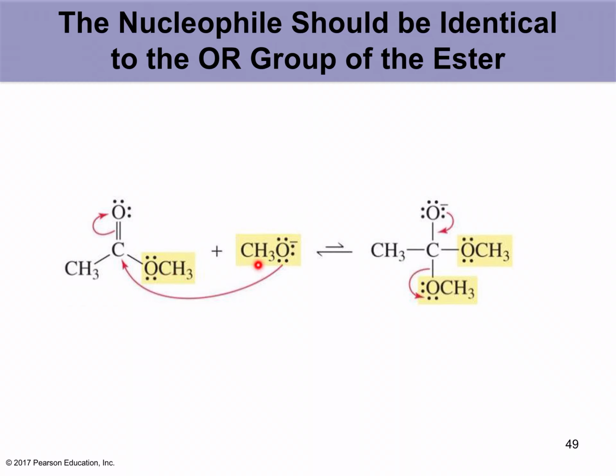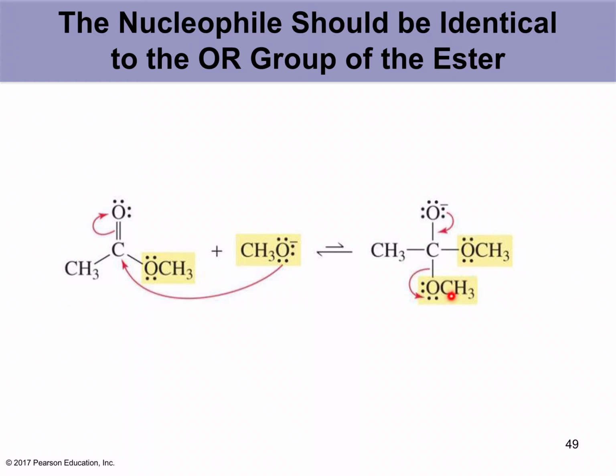Otherwise, we would end up getting a different ester than what we started with. If you look here, you have an ester and a nucleophile, methoxide. Methoxide can add onto the carbonyl carbon of the ester, and then you will have a tetrahedral intermediate, and once it reforms the ester, it can lose any of these methoxy groups.